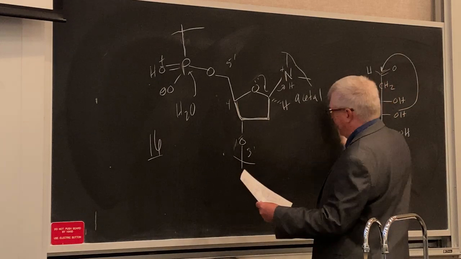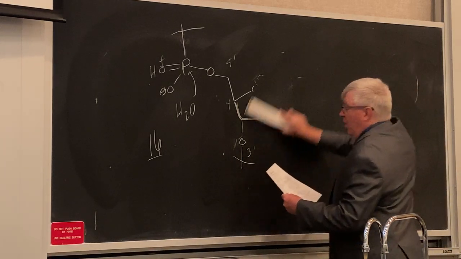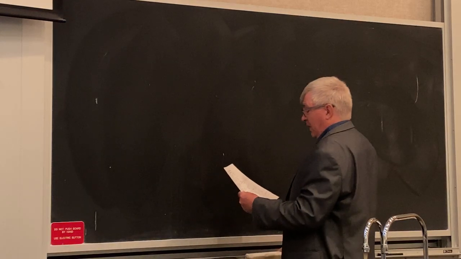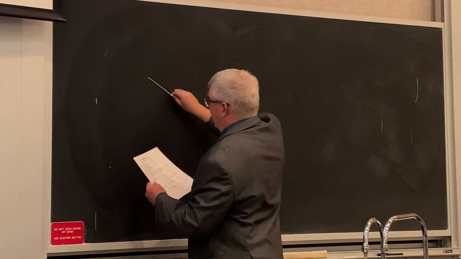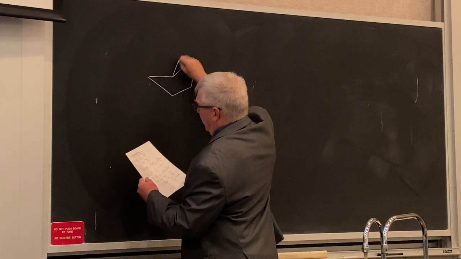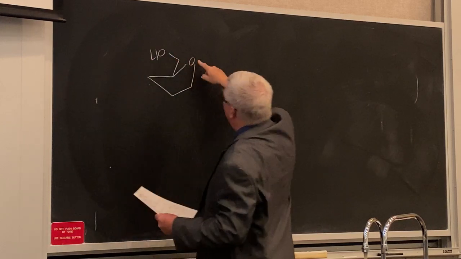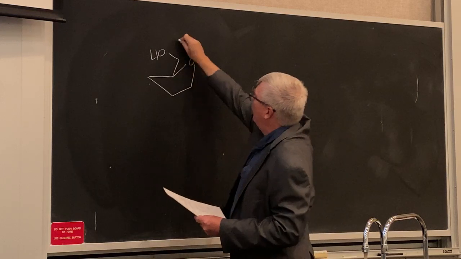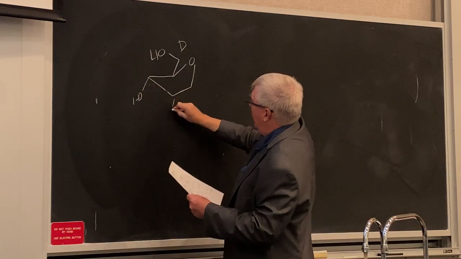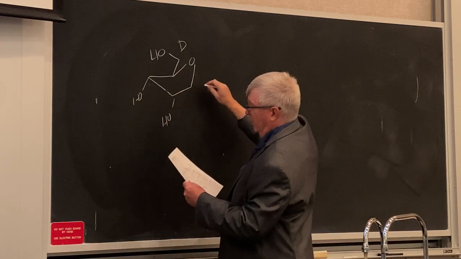Problem 1 on the right-on part. Let's see. How about this one? So this sugar here, drawn kind of unconventionally as we've been looking at. It's kind of in the upper right there, and this is up there. So that is a D sugar. I'm not sure which one this is.